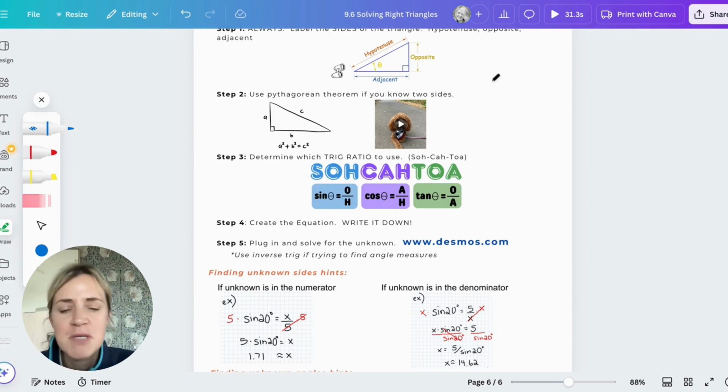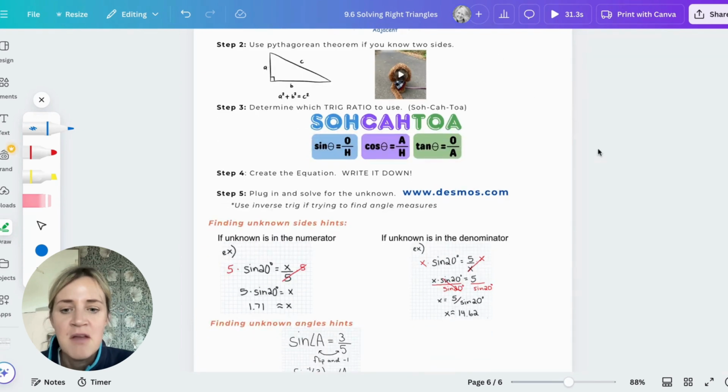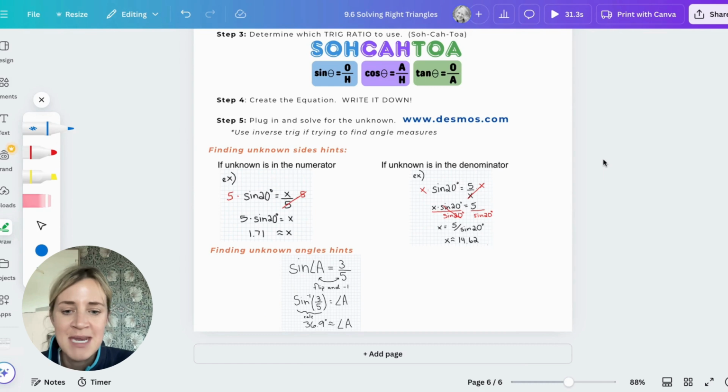Step 3: determine which trig ratio to solve for. Are you going to use sine, cosine, or tangent? SOHCAHTOA. Step 4: create your equation, write it down. Step 5: plug it in, use that calculator, and solve. And here are some hints for finding unknown sides and angles. If the unknown is the numerator, so the x is on top, you just multiply both sides by that denominator.